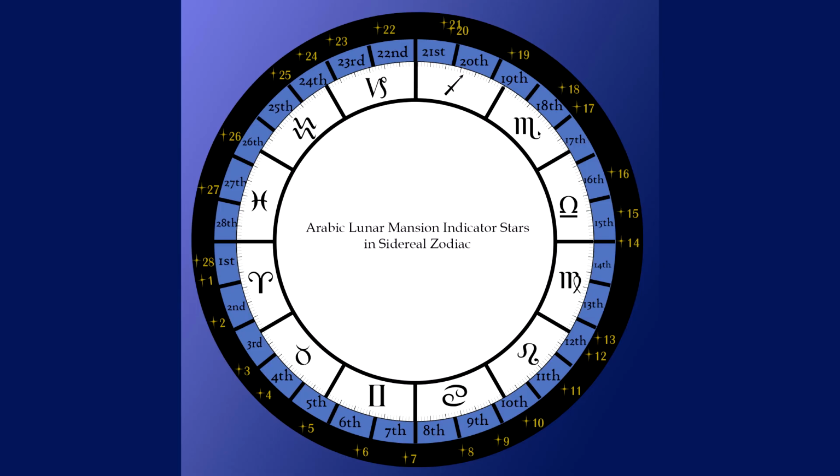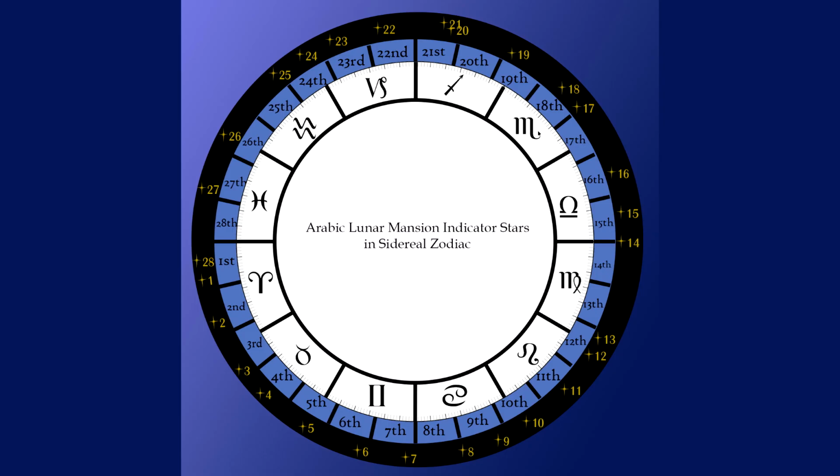But you can see through this that the 1st, 2nd, 3rd, 4th, 5th, 6th, and 7th lunar mansions all fit between 0 degrees Aries, which is when the 1st lunar mansion begins, to 0 degrees Cancer, which is when the 8th lunar mansion begins. And then so forth throughout the rest of the zodiac, where you have lunar mansions 8 through 14 fitting between Cancer and Libra, and all the way around.